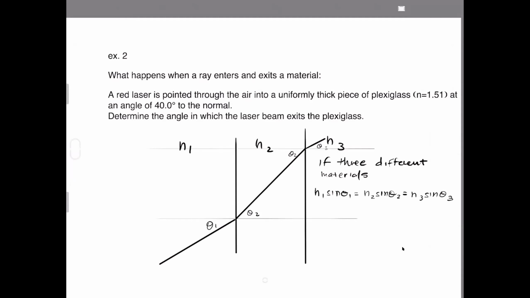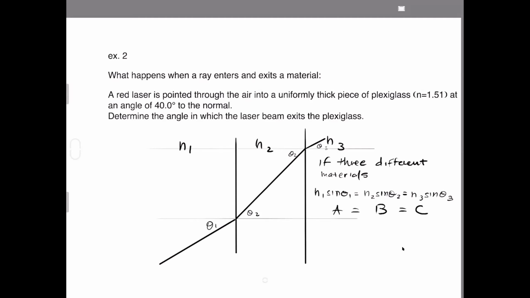You could say N1 sine theta 1 equals N3 sine theta 3. Or you could say something like N2 sine theta 2 equals N3 sine theta 3. Think of it like A, B, and C, right? A equals B equals C. If A is equal to B, and B is equal to C, then A is equal to C as well. This is the transitive property, of course, in math.